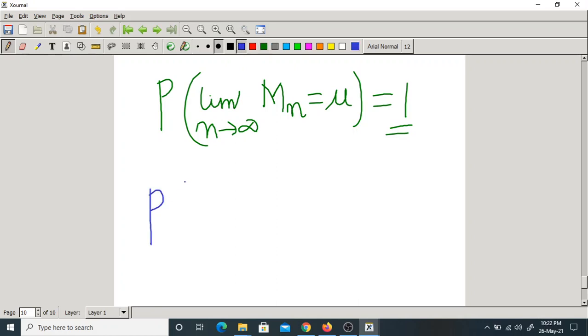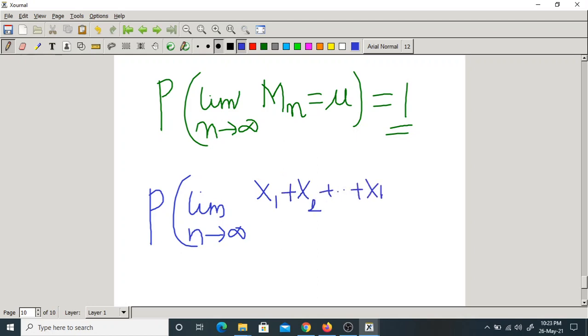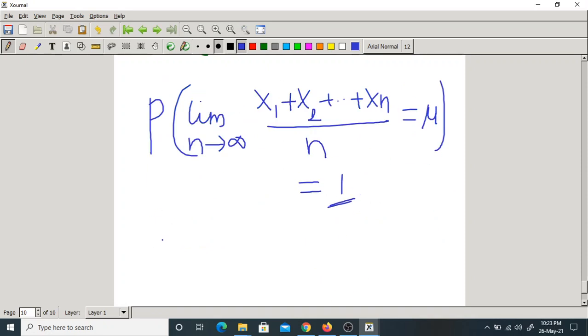Let me write it like this: limit n tends to infinity of Mn, that is, X1 plus X2 plus so on Xn by n, is equal to the true mean. Now what is the whole probability? Equal to 1.